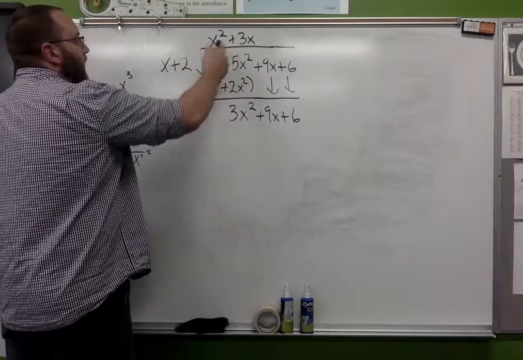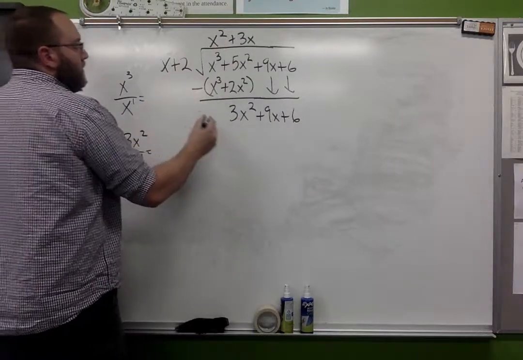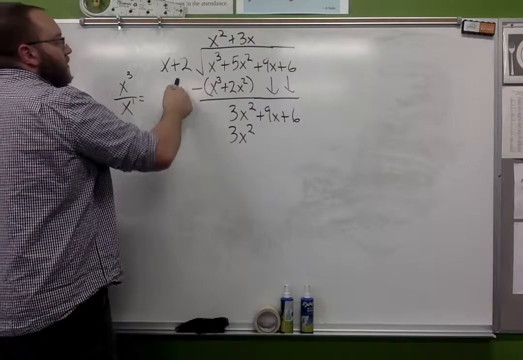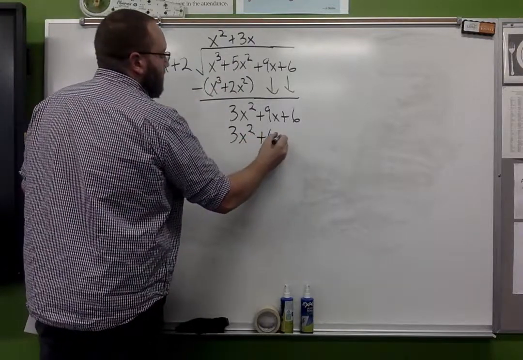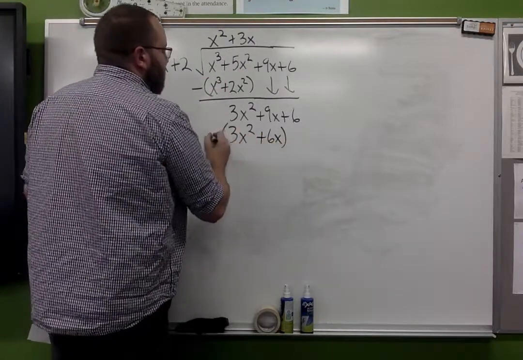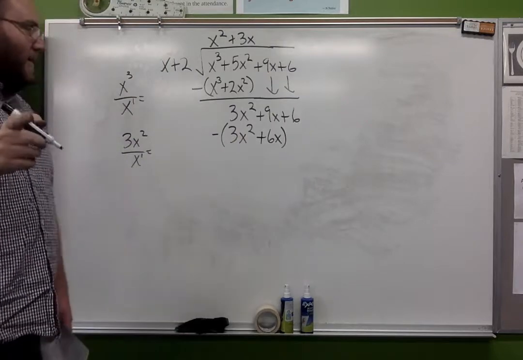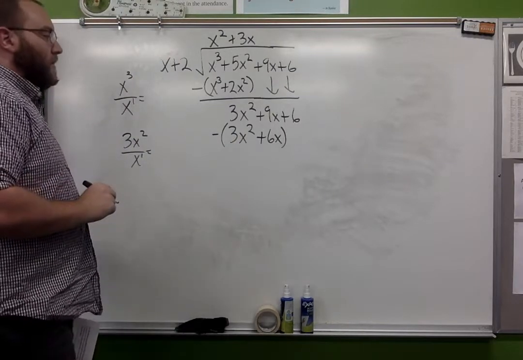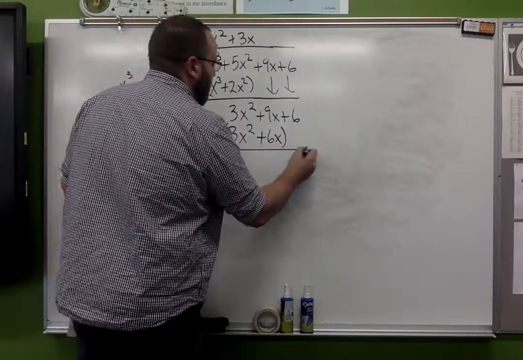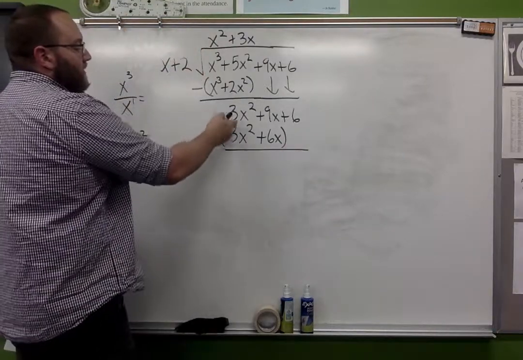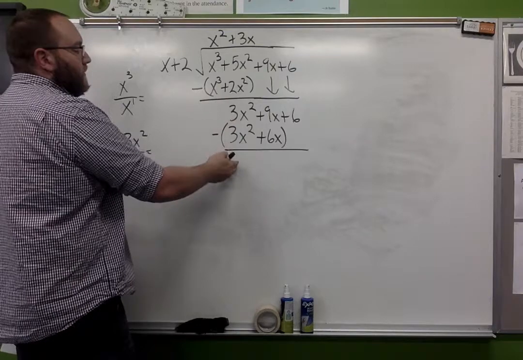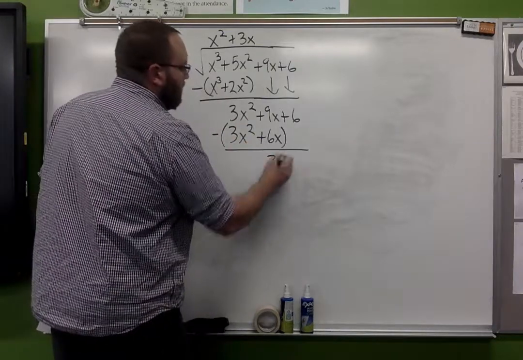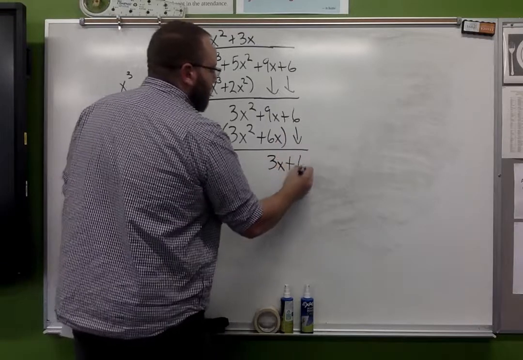Now back multiply. 3x times x is 3x squared. 3x times 2, 6x. Subtract the whole thing, right? Not just the 3x squared, the whole thing. You should get 0 here. 3x squared minus 3x squared gives you 0. 9 minus 6 is 3x. Bring down the last term here, your constant.